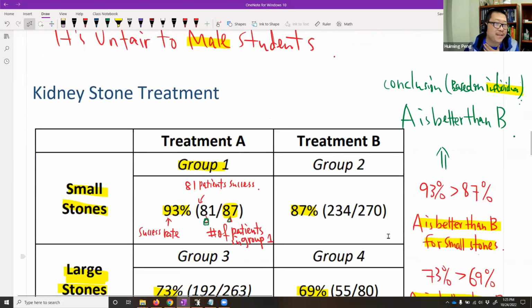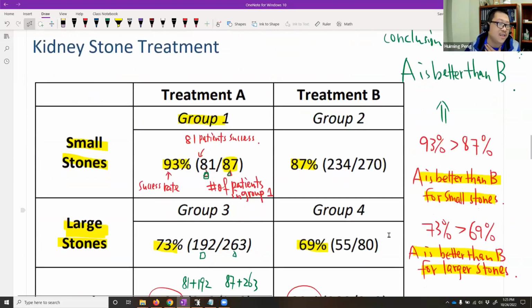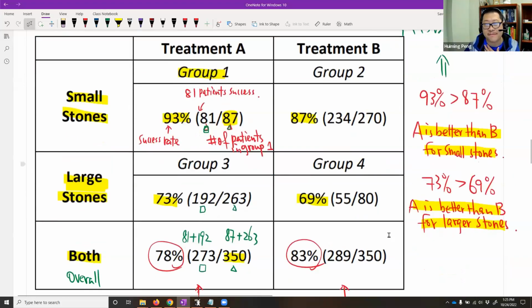Have we got something? Can you look at the kidney stone case? Now do you find something? First, I compared group 1 and group 2. I did not even look at how many patients we enrolled, and I directly compared the success rate. It is not a good strategy.